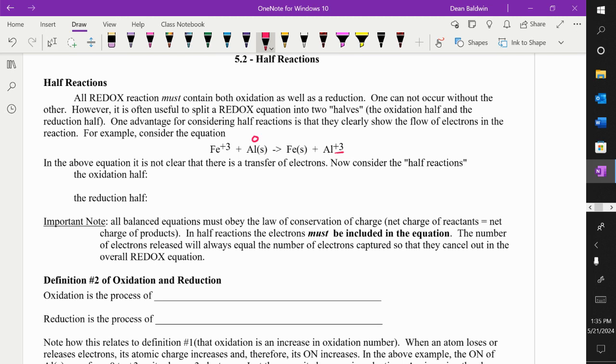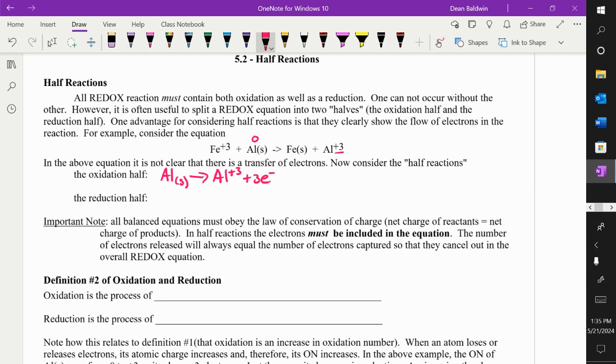So the half reaction for the oxidation of aluminum is Al solid goes to Al plus 3 electrons. That's what aluminum does. That's why it has a plus 3 charge. All those charges you've seen in previous chemical reactions, they just don't write the electrons. Everybody forgets about them, but they are important.